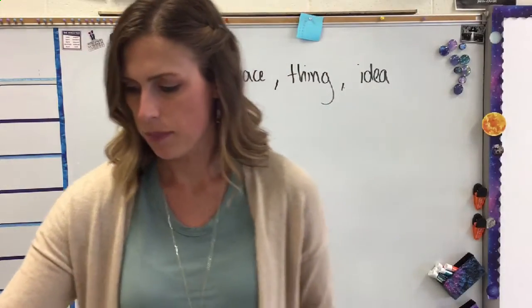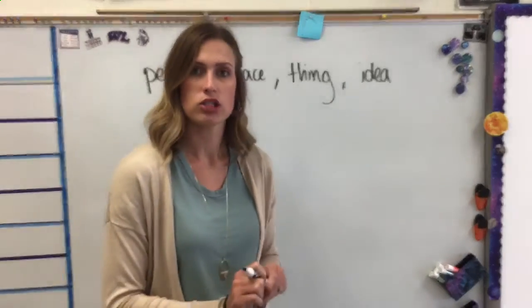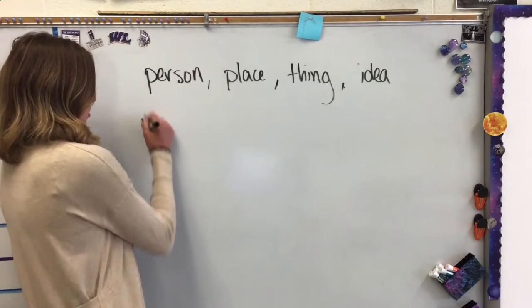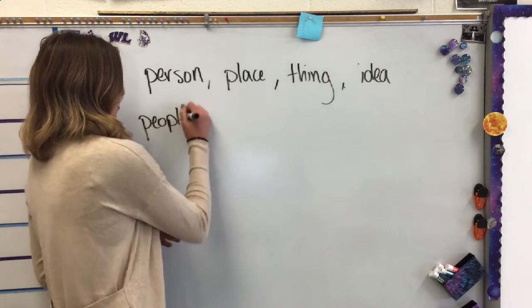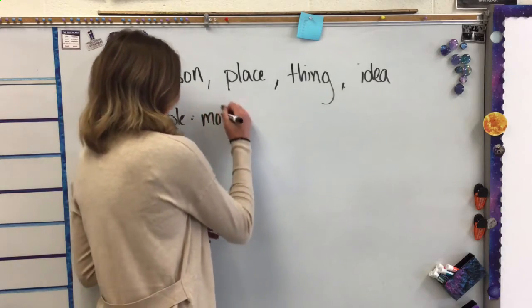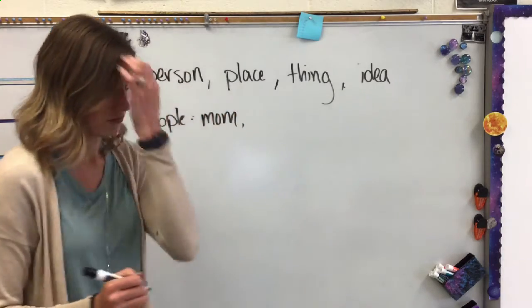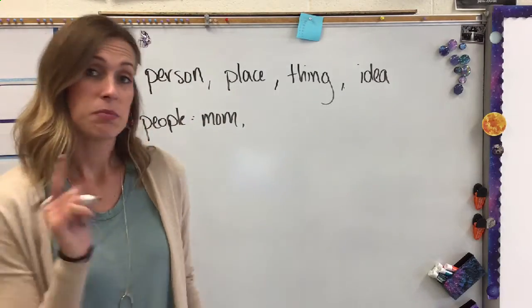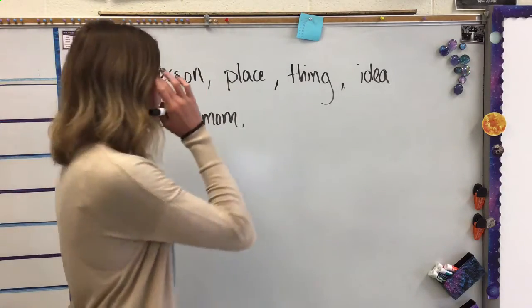A noun that names a person. Who would be a person that a noun could be? Well, it could be something like mom. Right? Saw a mom in the store. It could be a specific name, like maybe Chris.